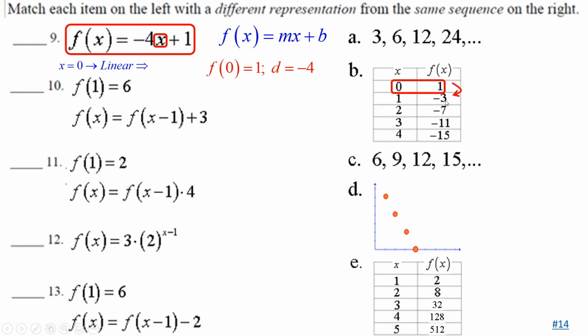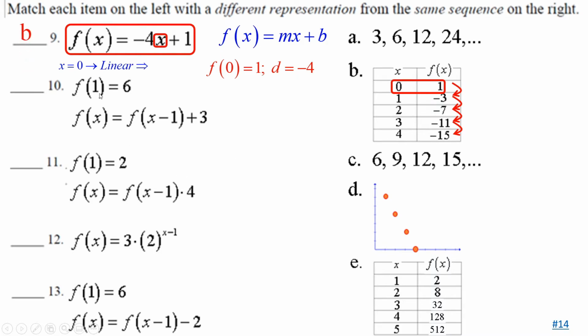Negative 3 minus 4 is negative 7. Negative 7 minus 4 is negative 11. And negative 11 minus 4 is negative 15. This table is the table for this function, f of x equals negative 4x plus 1. So the answer to number 9 is B.